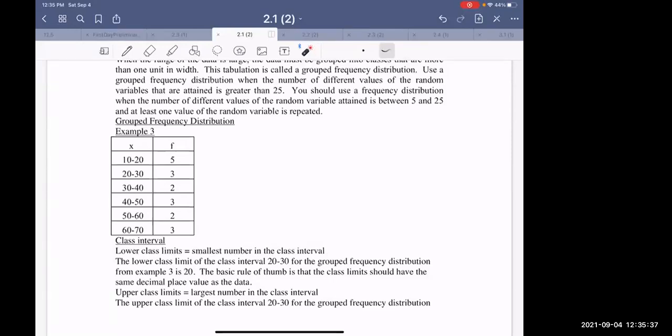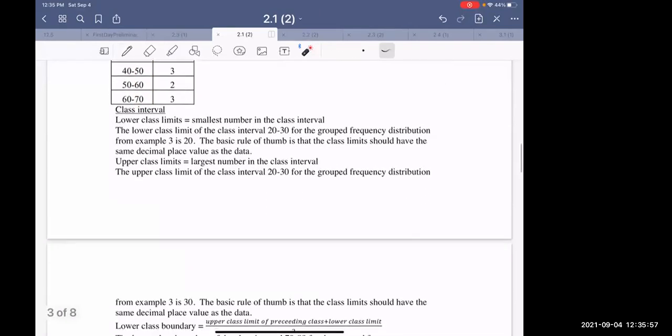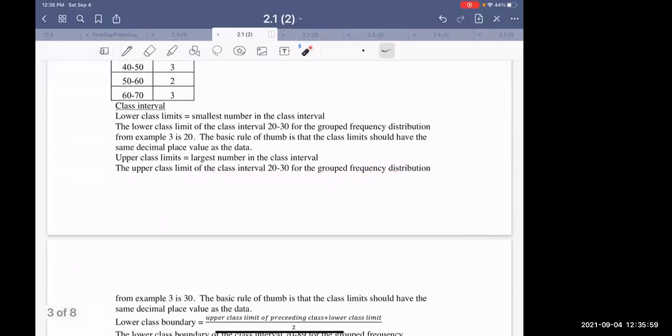If your data was up to the nearest 10th, then the class limits should also be to the nearest 10th. So the upper class limits are the largest numbers here: 20, 30, 40, 50, 60, 70. So for the class 20 to 30, the upper class limit is 30.